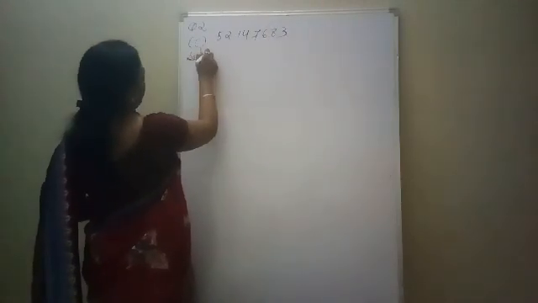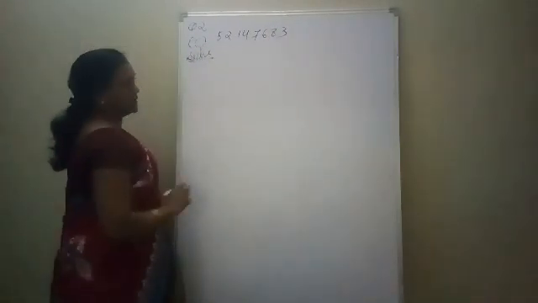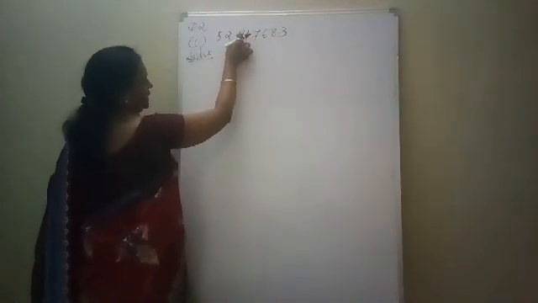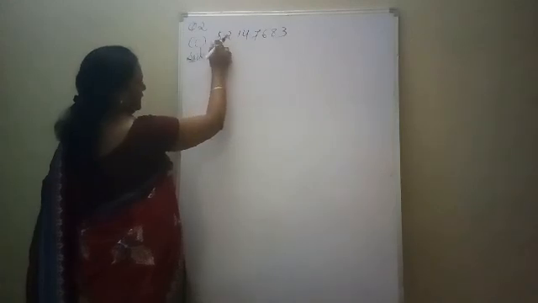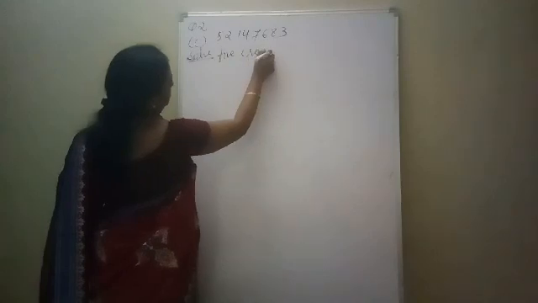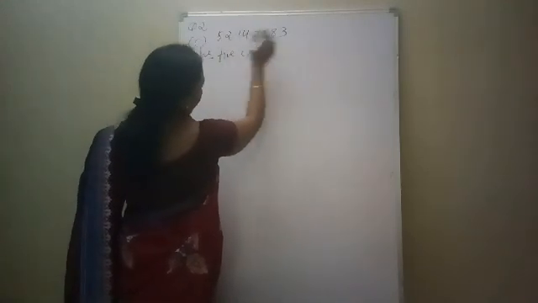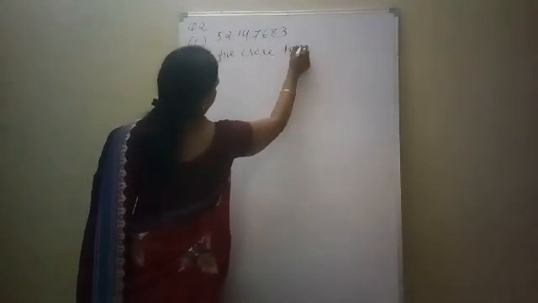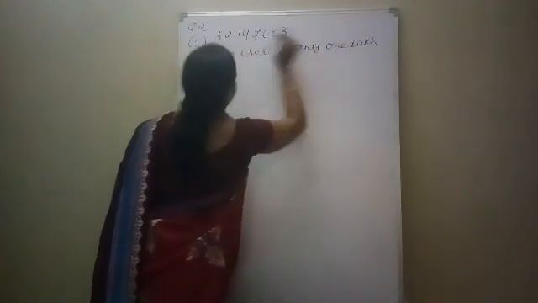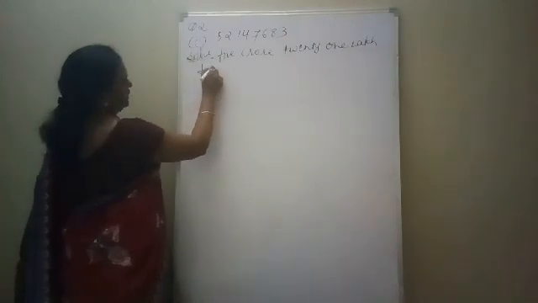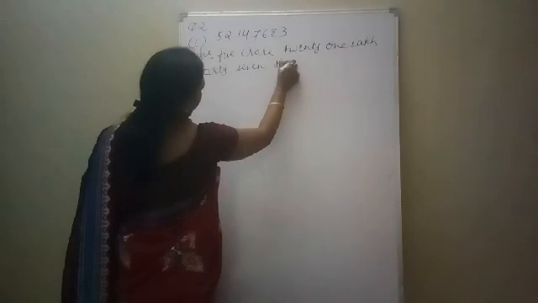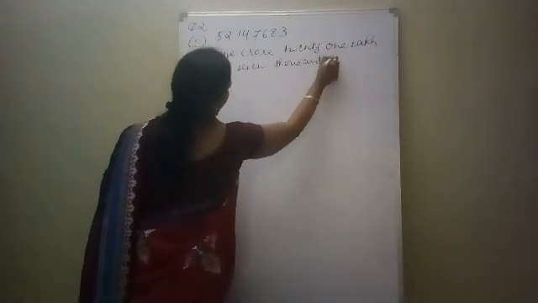When we write it in the Indian place value chart: ones, tens, hundreds, thousands, ten thousands, lakh, 10 lakh, and that is crore. So we write 5 crore 21 lakh 47,683.